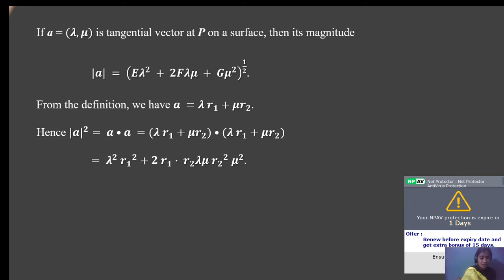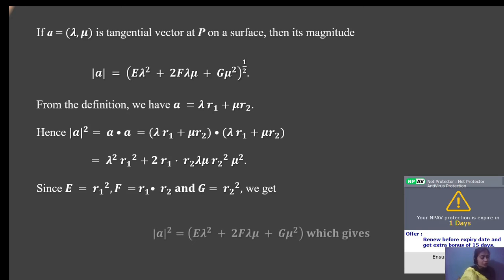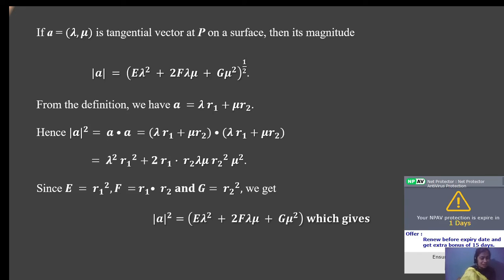By mistake this was considered as a minus sign, but it is a plus sign because they multiply each other. After that, you know that E equals r1 square, F equals r1 dot r2 and G equals r2 square. Then we get the same equation as above.